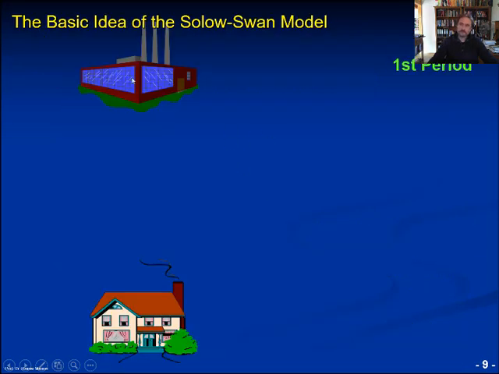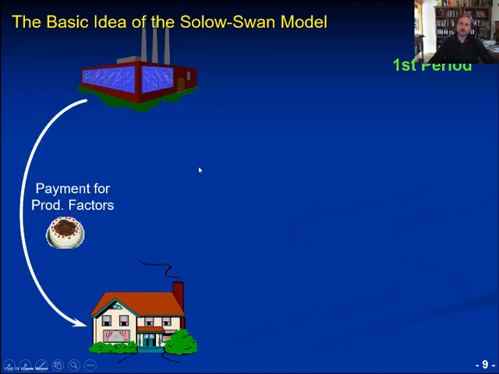So we have the firm sector, or company sector, on one side of the economy, again like in the circular flow model, and on the other side we have the household sector. Now we are in the first production period. Firms produce GDP, symbolized here by this cake. Households receive GDP as payment for the production factors they have supplied to firms.